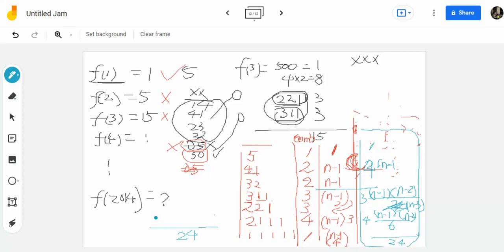At the end, you get a 24 and 4. The 4 comes from this last one, plus 6, and triple plus 11, and 2, and 6n.